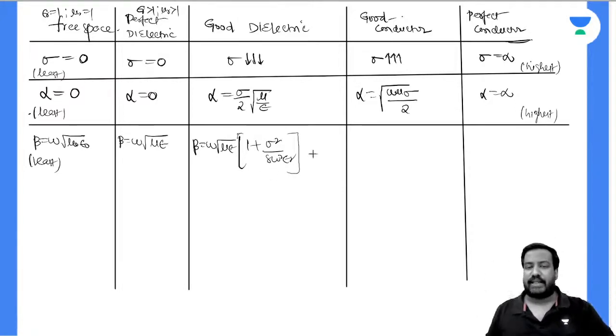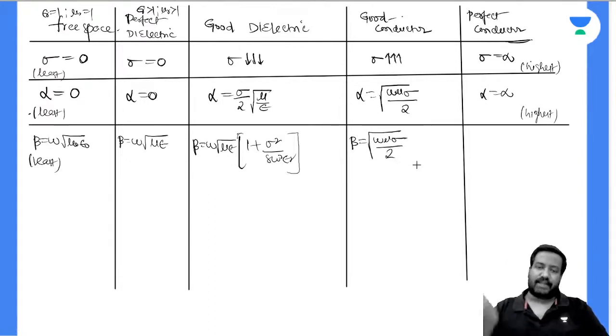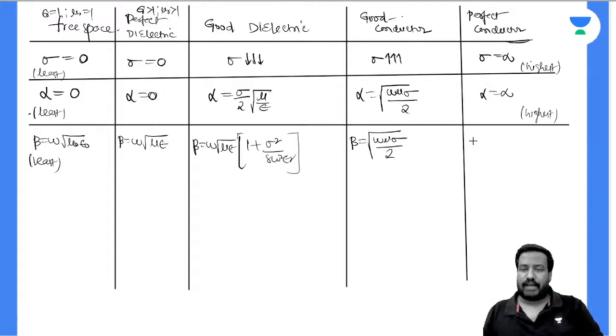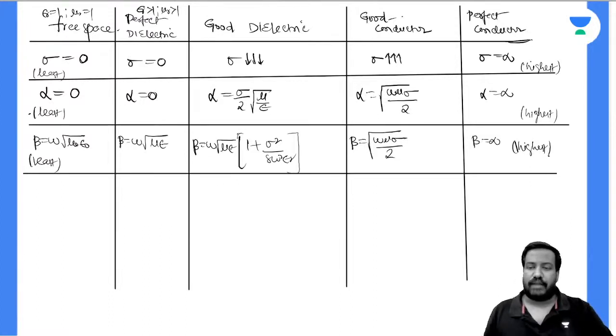Then the beta value here is under root of omega mu sigma by 2. Sigma is a very large value, therefore beta is still increasing. Perfect conductor, sigma is infinity, beta is infinity, highest. That is the journey of beta in different mediums.